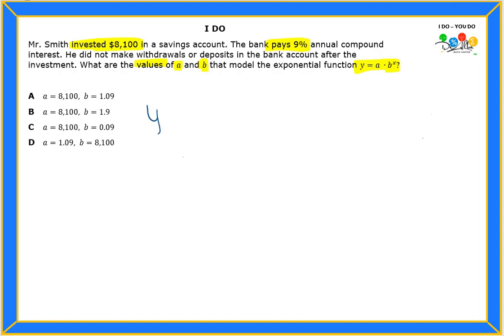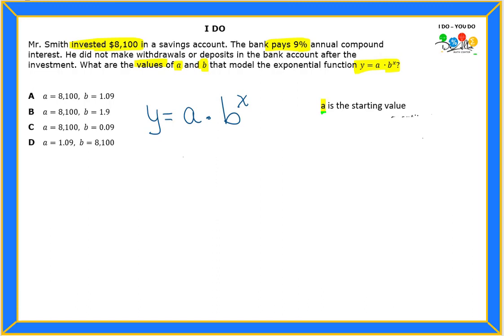So we are going to write down y equals a times b to the x power, right? And of course, we need to know that a, okay, it's going to be my starting value. So very important, that's the first thing I need to know. A is my starting value. In other words, how much are we dealing with? How much money are we dealing with? Or what is the quantity that we're dealing with, right?